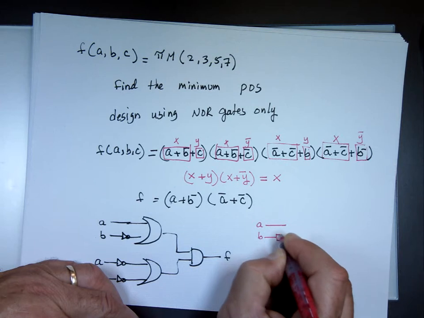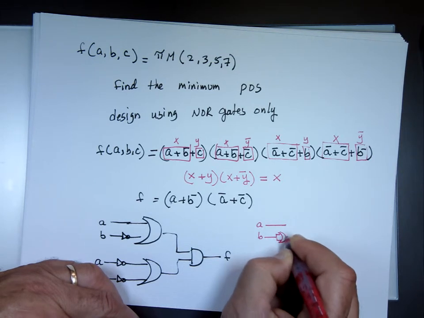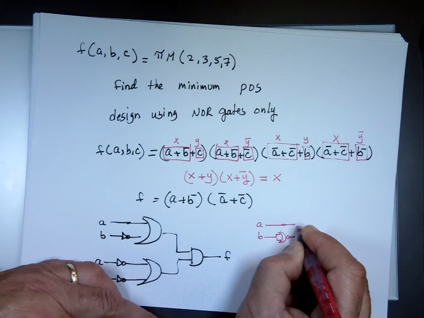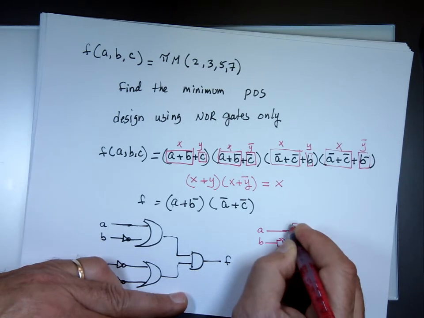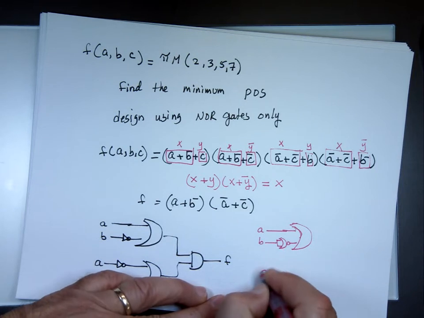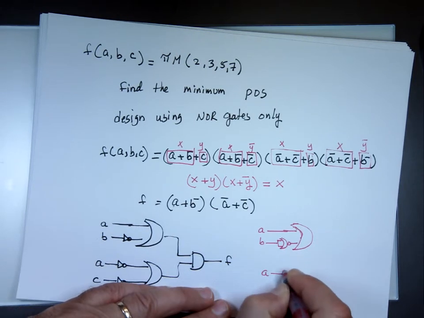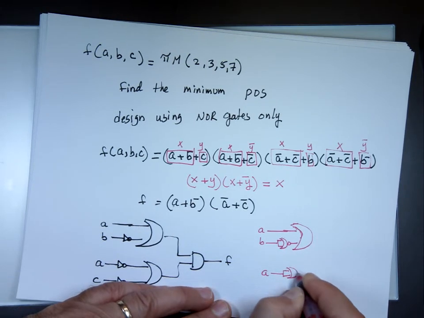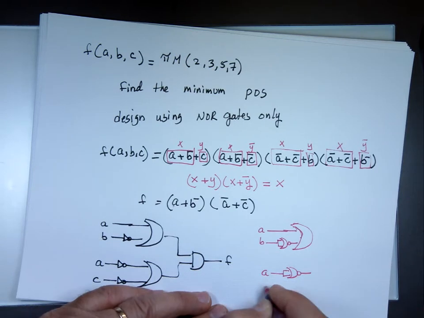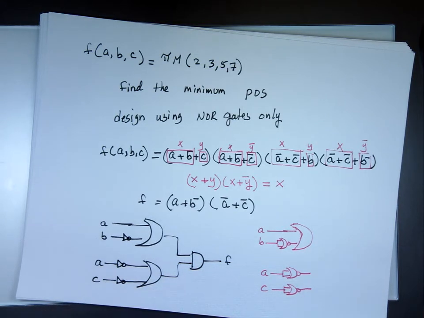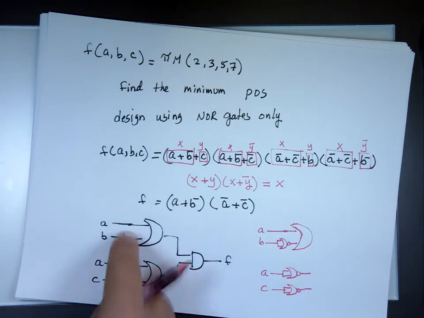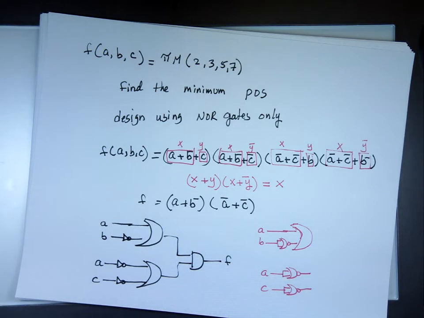We take a NOR gate and tie both inputs together. So I can get rid of the NOT gates by using NOR gates. But I still have an OR gate here.